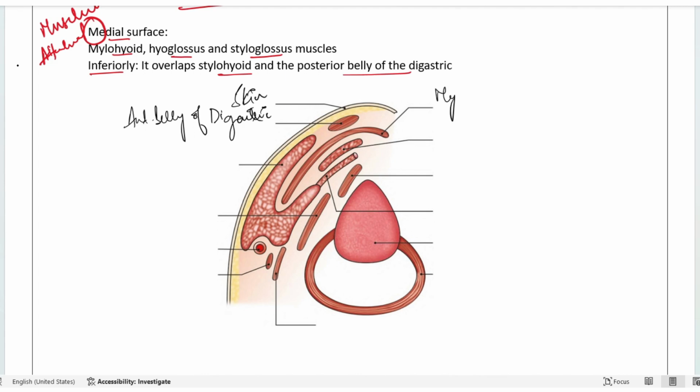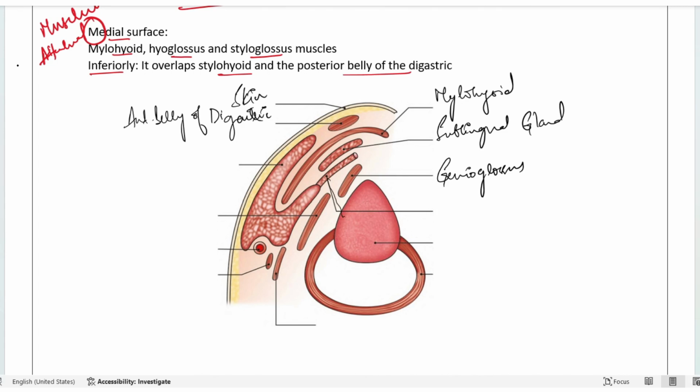This is the mylohyoid muscle which divides the gland into two. This is the sublingual gland. This is genioglossus.